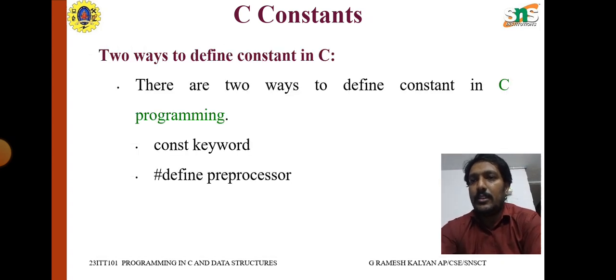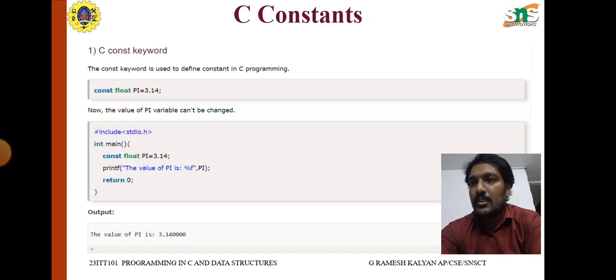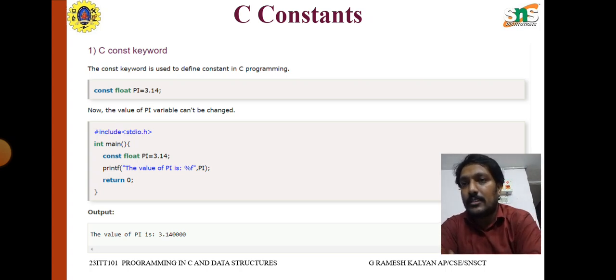There are two ways to define a constant in C. The first one is using the const keyword. The second one is using the hash define preprocessor. The first one is using the const keyword. In the example, before float we have mentioned the keyword const. So const float pi is equal to 3.14.